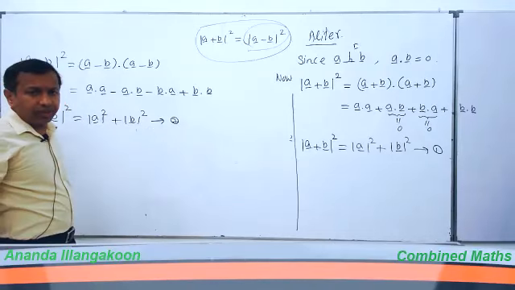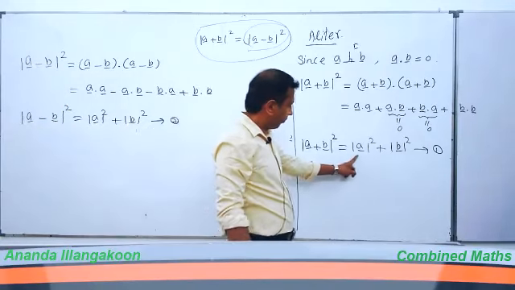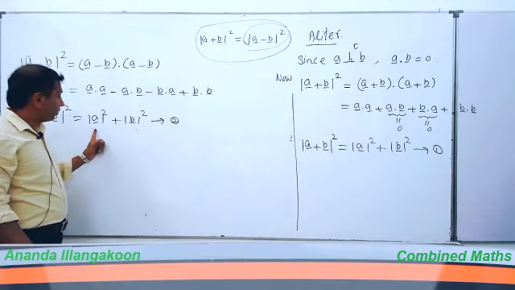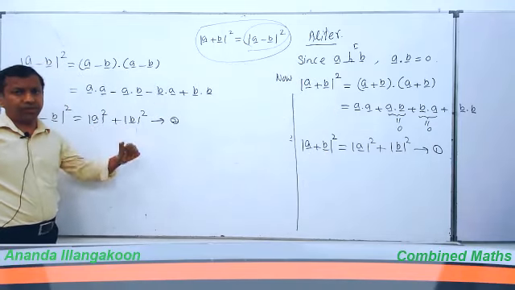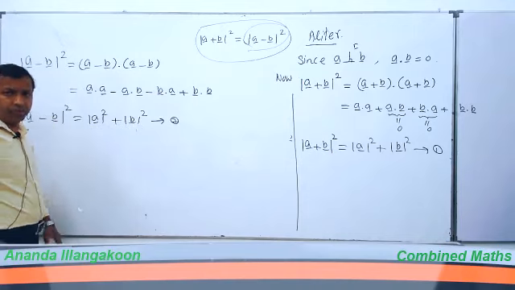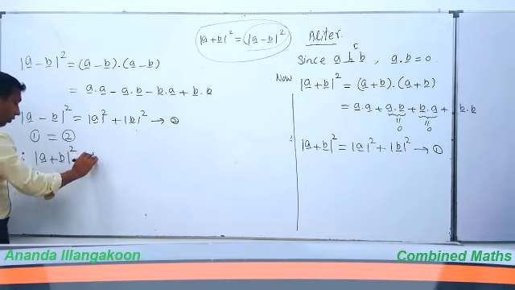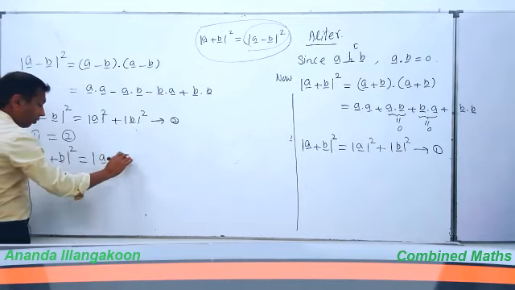Can you see the right hand sides of number 1 and this number 2 are the same. Therefore, left hand side must be equal. 1 equals 2. Therefore, mod of A plus B squared is equal to mod of A minus B squared.